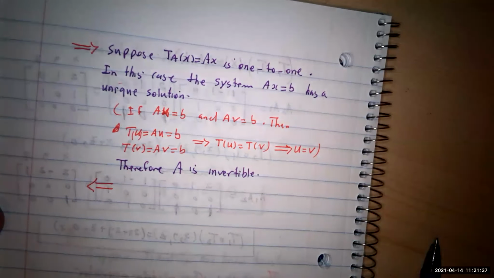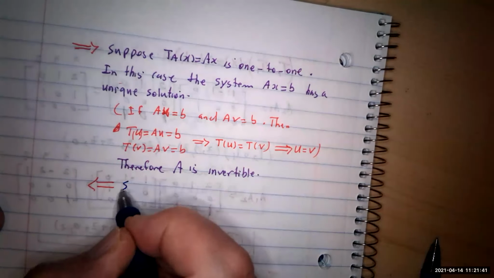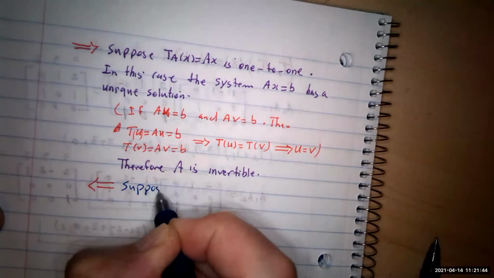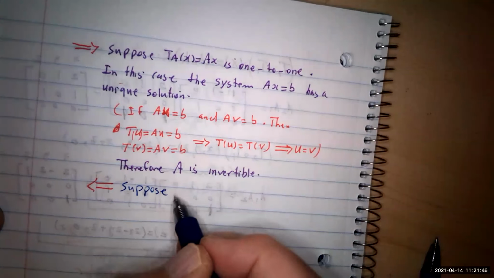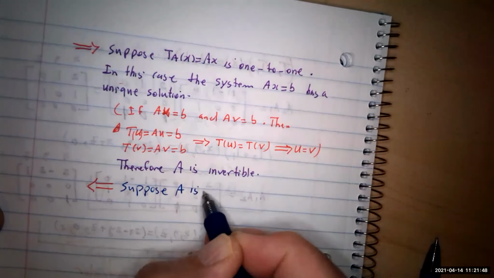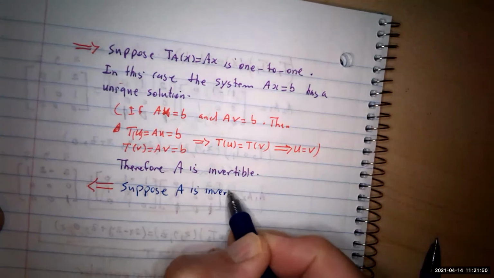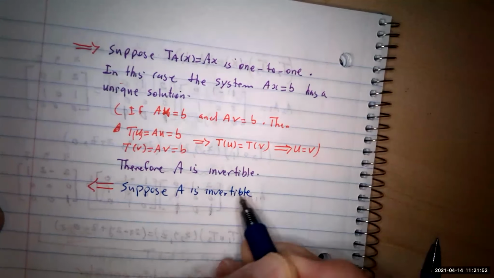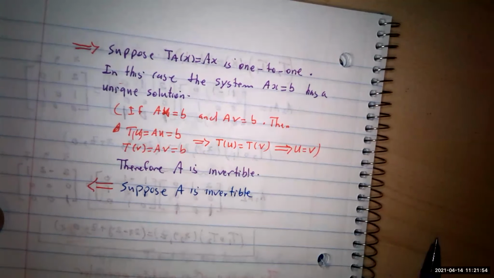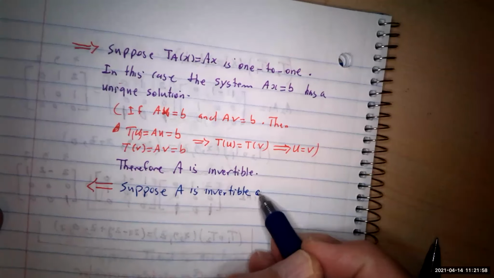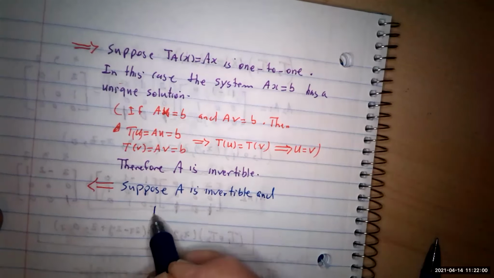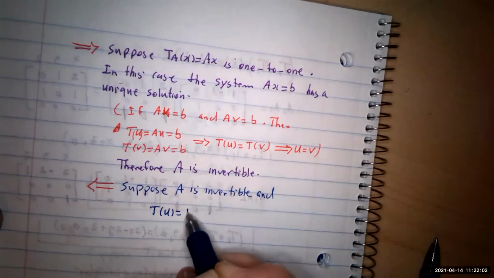What's the other way around? The other way around is, suppose A is invertible. Now we want to prove that T is one-to-one. If A is invertible, suppose that T of u is equal to T of v.